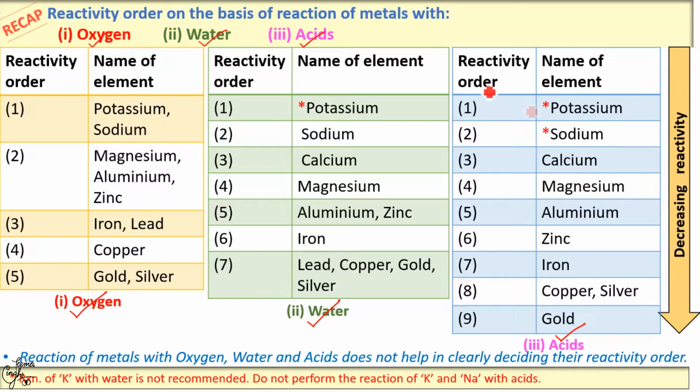And from all these reactions, we concluded that reaction of metals with oxygen, water as well as acid could not help us in providing a clear-cut reactivity series. And why so? Because not all metals reacted with oxygen, water and acids respectively. And we also witnessed that few metals occupied the same slots in the reactivity series, as you can see here.